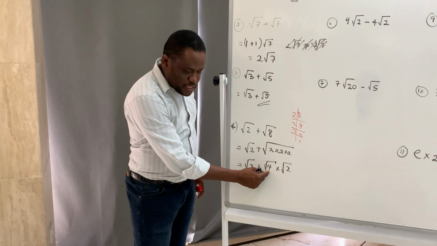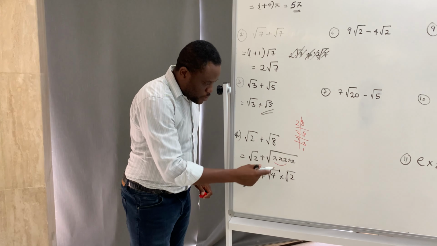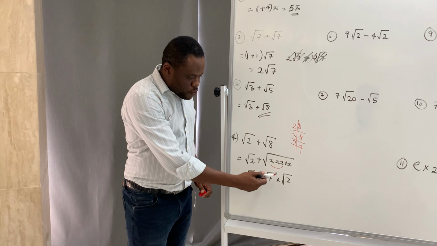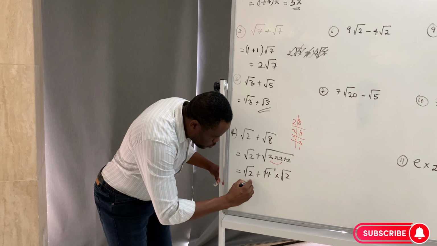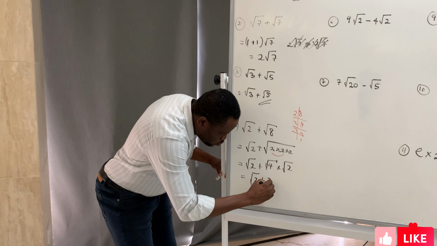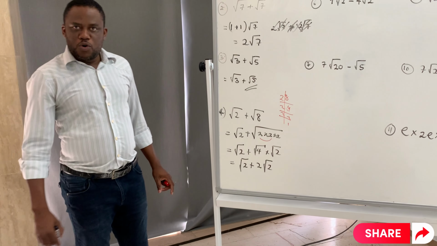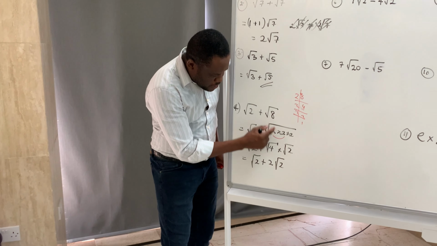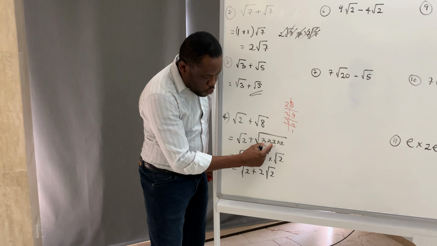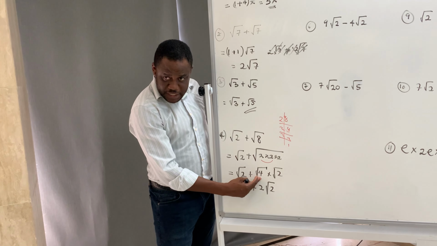This is a perfect root, so I multiply these two and keep it outside. So root 4 will give me 2. So I have root 2 plus 2 times root 2. Do you understand what I did? What I did here is simply that 2 times 2 is 4. And I know that 4 is a perfect root. So I keep it outside.